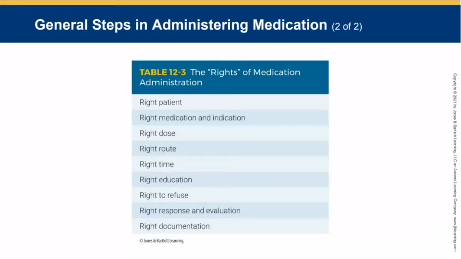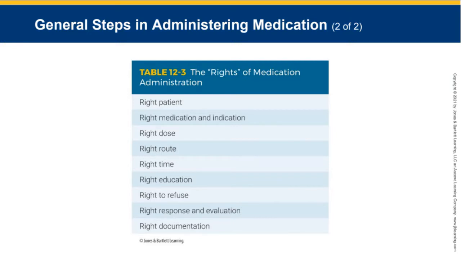Right response and evaluation. Monitor the patient's vital signs, mental status, signs of perfusion, and respiratory effort after medication administration. You're going to assess for the anticipated response and observe for any adverse medication effects. Right documentation. You should document your actions and the patient's response.